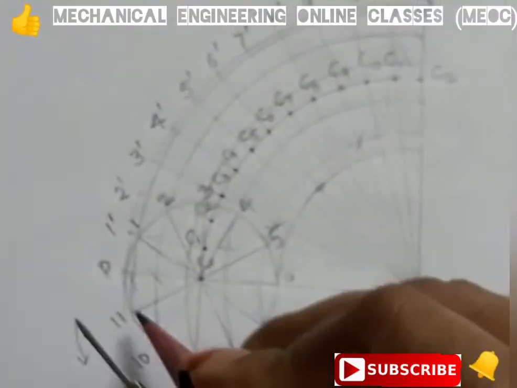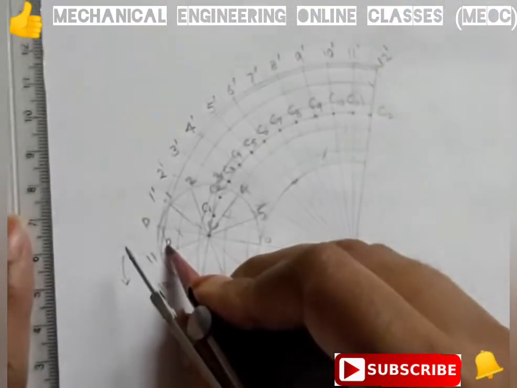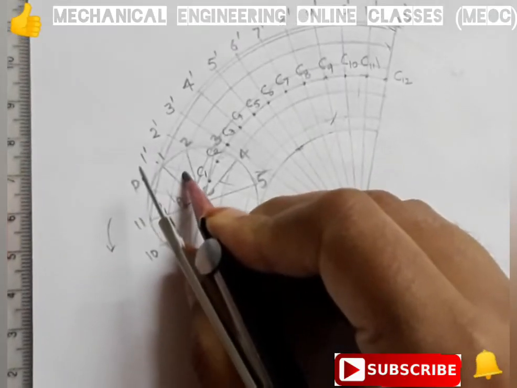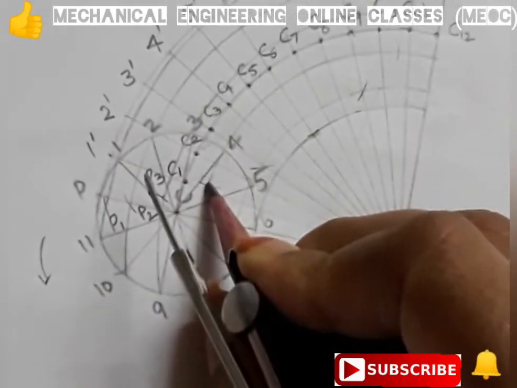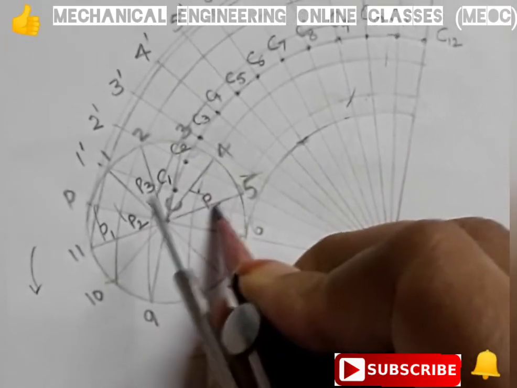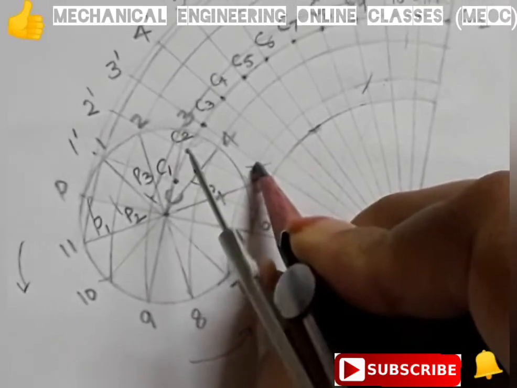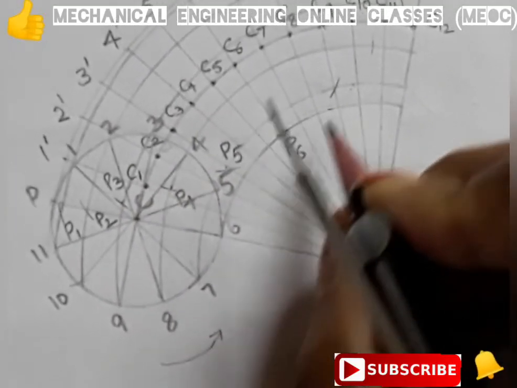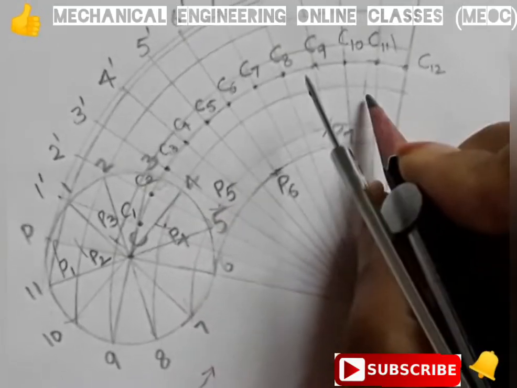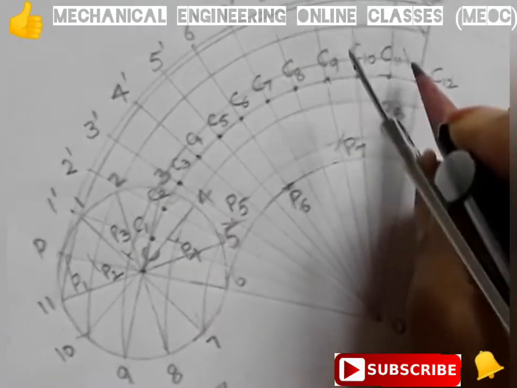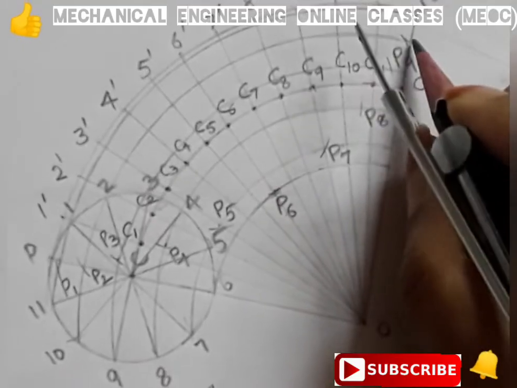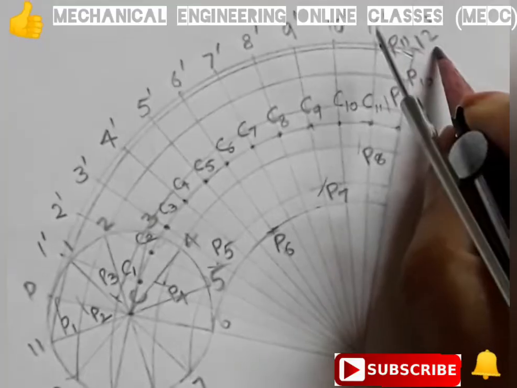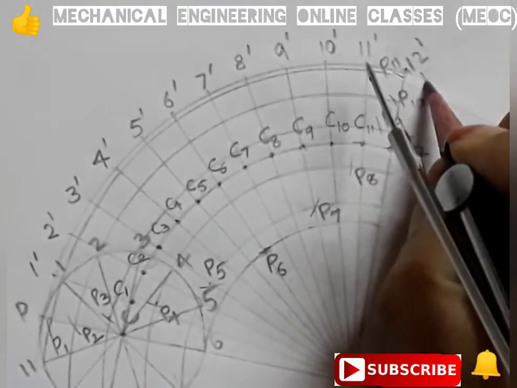Now I will slowly name all the points starting from P1, P2, this is P3, this is P4, P5, this is P6, P7, P8, P9, P10, P11 and this 12 dash, this point is P12.